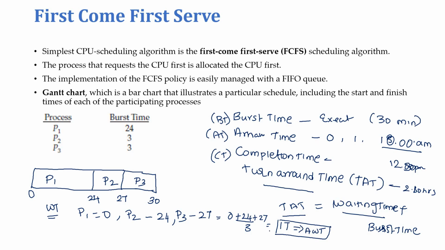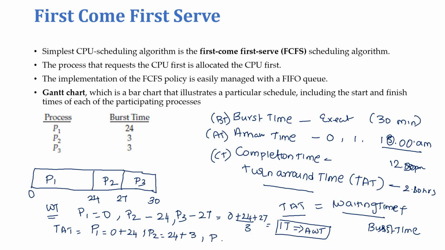So then what is turnaround time? The turnaround time, as we already mentioned, is waiting time plus burst time. For each and every process, we have now calculated the waiting time, and the burst time is given in the table. So for P1, 0 plus 24. For P2, waiting time is 24 plus burst time 3.